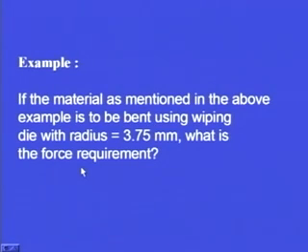So, we have seen that in die bending operations, two types of dies are basically used. First one was the V type of die, second one was a wiping type of die. With the V type of die, creating a bend at 90 degree, we have seen that when the length, the thickness, the die opening and the material specification, that is the yield stress, are given, we can very easily calculate the bending force.